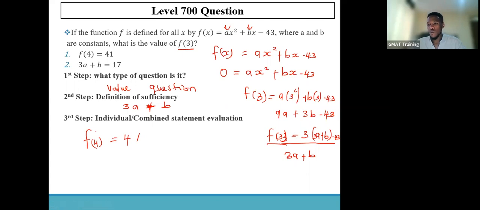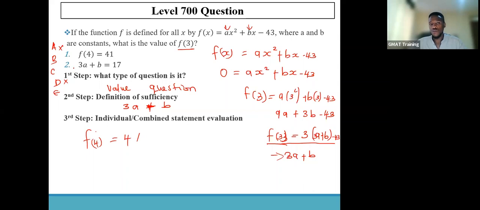Because if we substitute 4, we would end up with another form of this expression, whose value we are still trying to find. So that means statement 1 is not sufficient, and as such A cannot be sufficient and D cannot be sufficient.